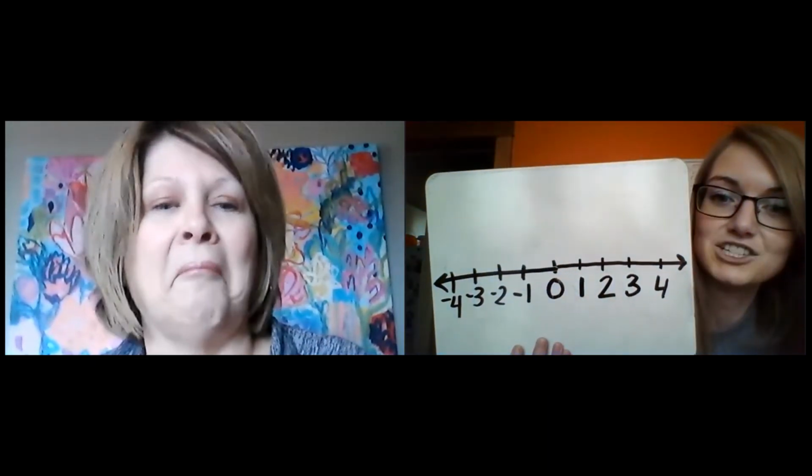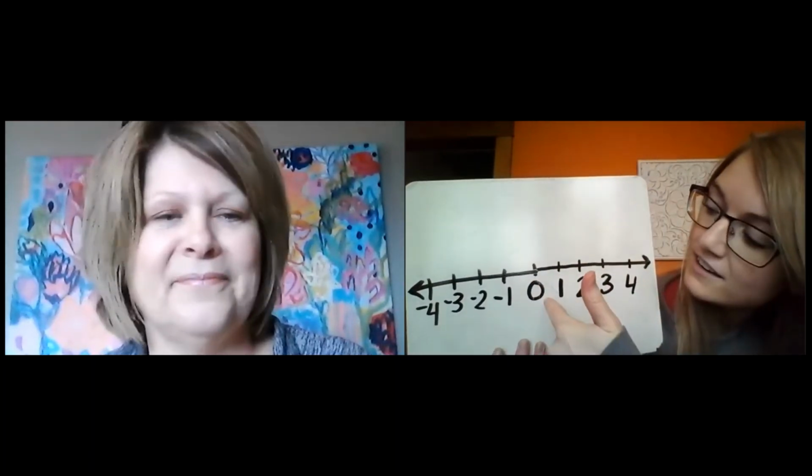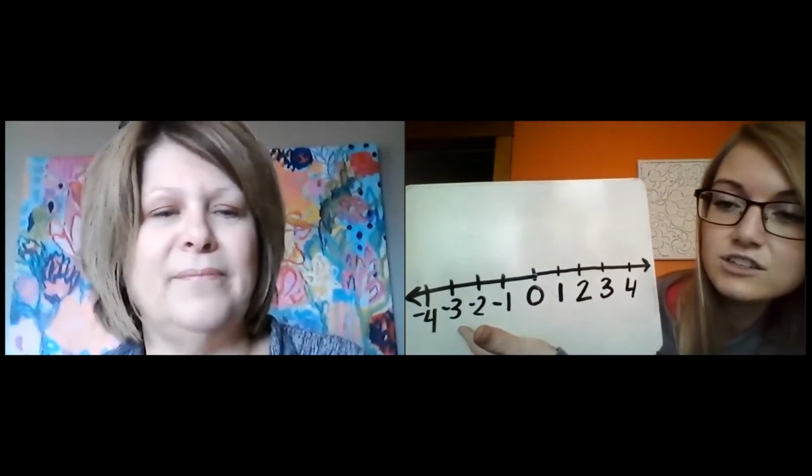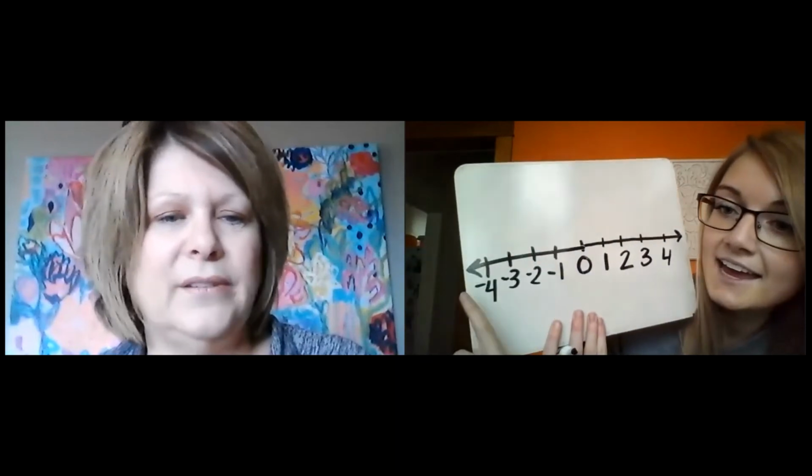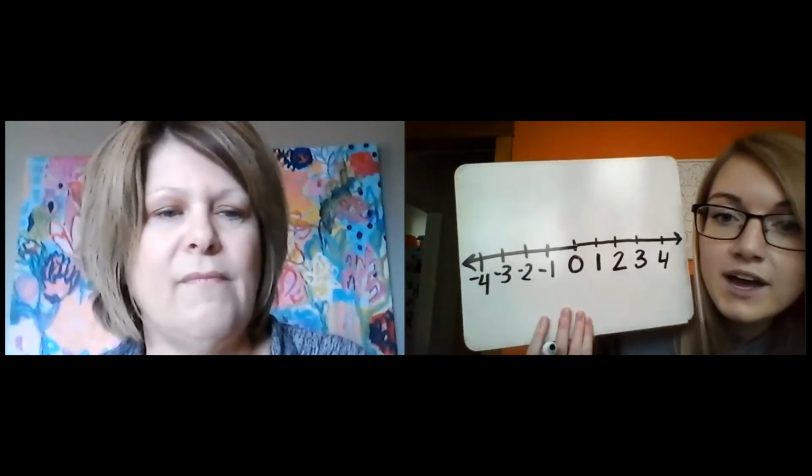Now that you've just learned about negative and positive numbers, there's another side to this number line. I just added on this side a -1, -2, -3, -4, and I put a little arrow so that keeps going.